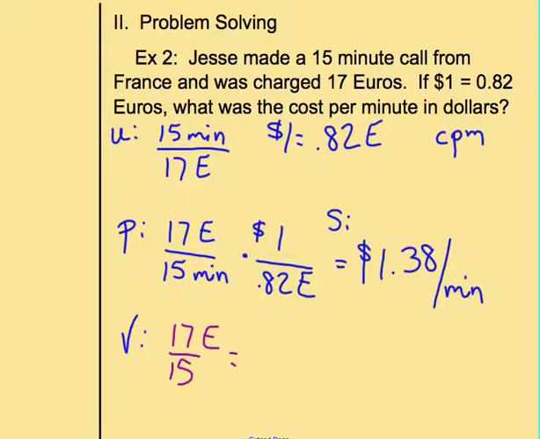So 17/15 would give me, sorry, I was going to write a dollar sign because I'm so used to those, 1.13 euros per minute. And because the euro is stronger than the dollar, meaning the dollar costs more than the euro, this answer should be greater. So that's another way to check, is to think about your conversion that way.